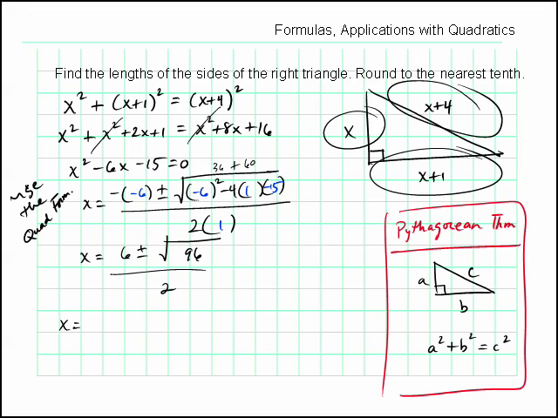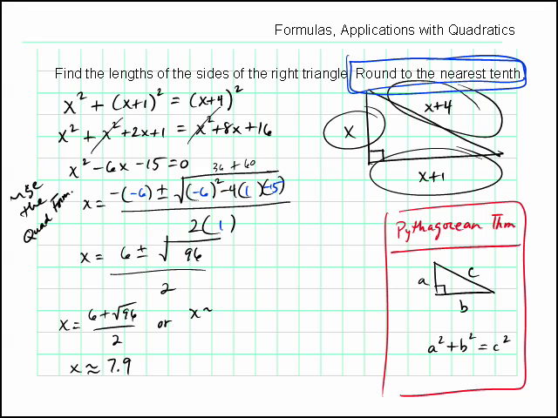Two possible answers here. If I use the plus sign, I get 6 plus the square root of 96 over 2. If I type that into my calculator to get a decimal approximation, after all it says up here, round to the nearest tenth, I get an answer of approximately 7.9.